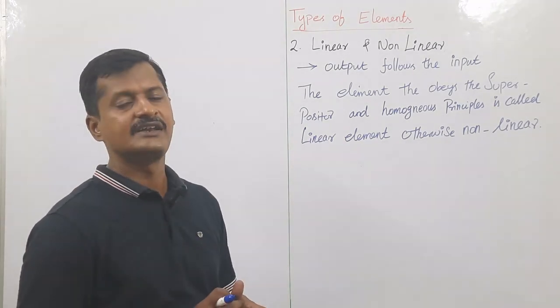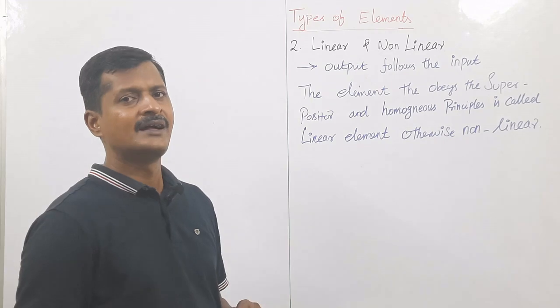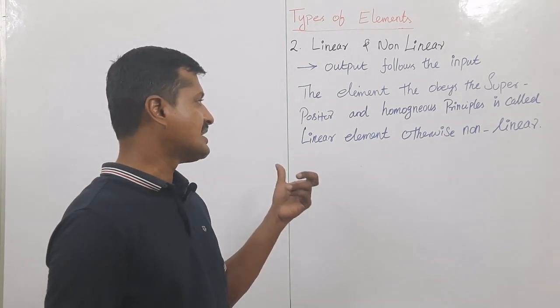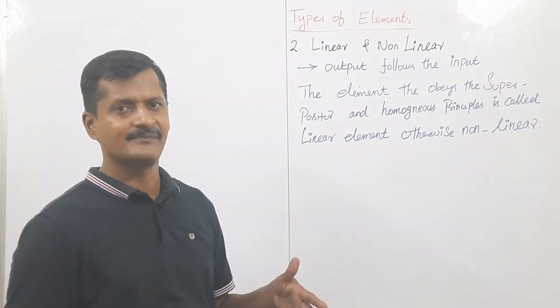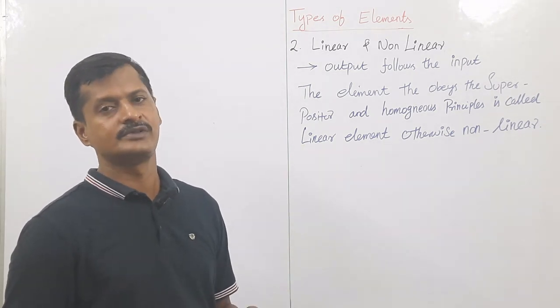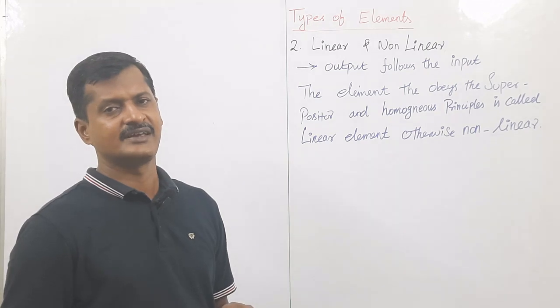Another definition for linear element: the characteristics line of the element should be a straight line passing through the origin of the graph.